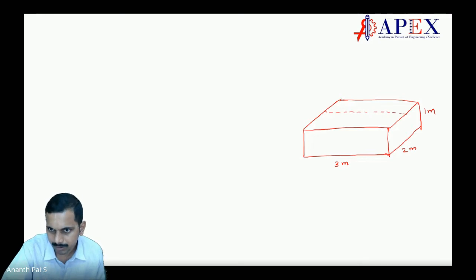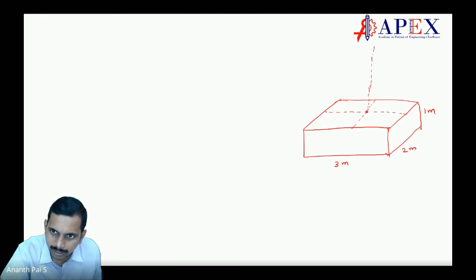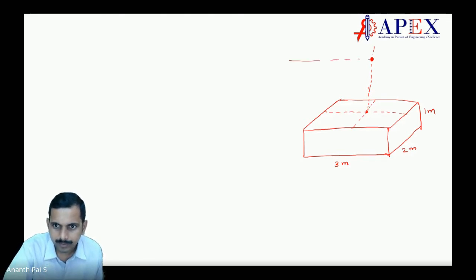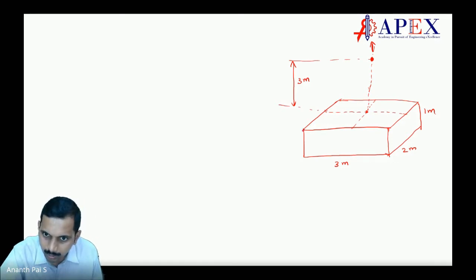This is the center of the block here. From the center I'll go up like this, and we have a point here. From this point, this distance is 3 meters, and on that point there is a hook which is pulling this using 3 ropes.